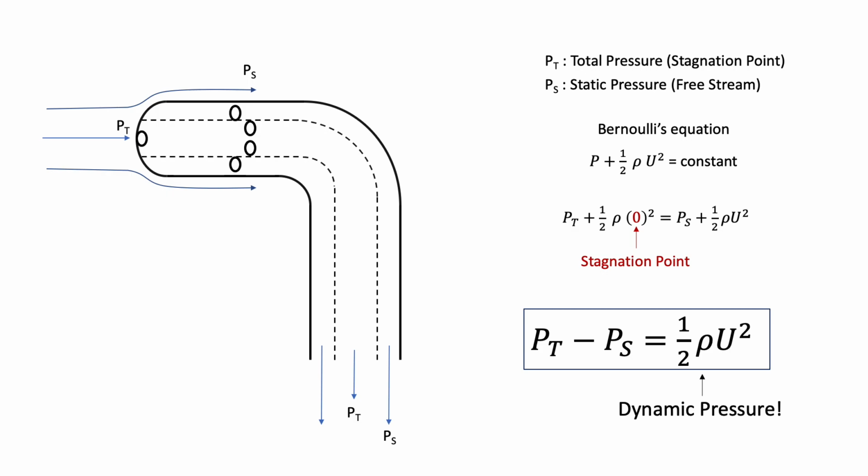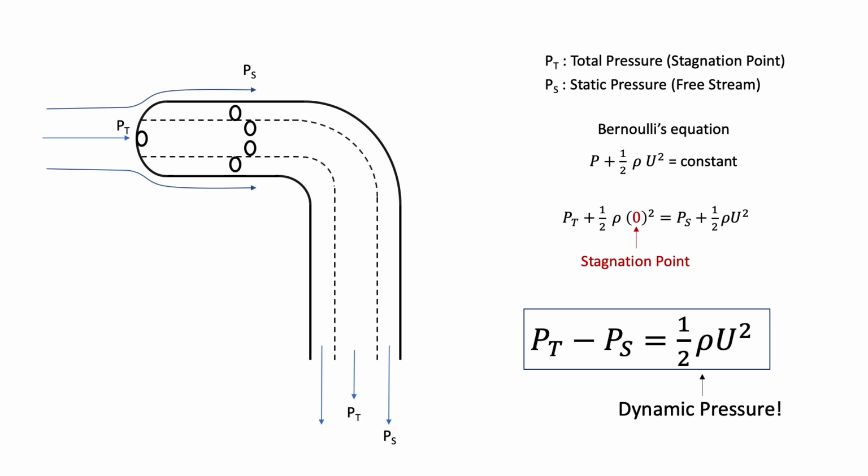And you can see in this diagram that the hole in the middle, which measures PT, goes into an inner tube, whereas the holes on the side, which measure PS, go to an outer tube. So these two measurements remain separate. So the Pitot-static tube can measure both PT, which is the total pressure, and PS, which is the static pressure.